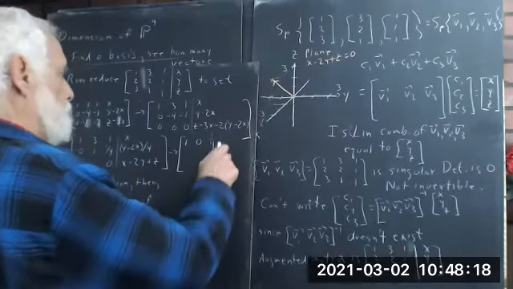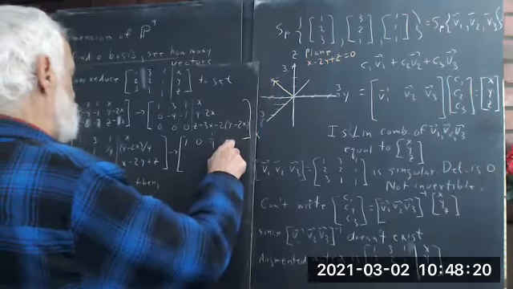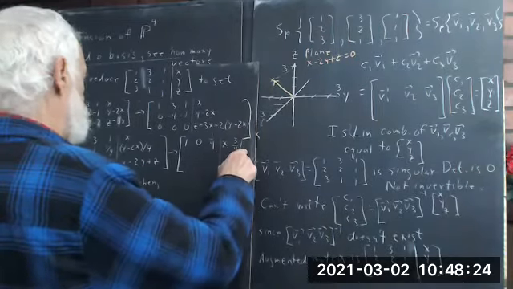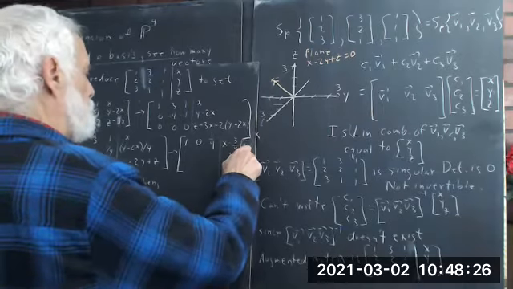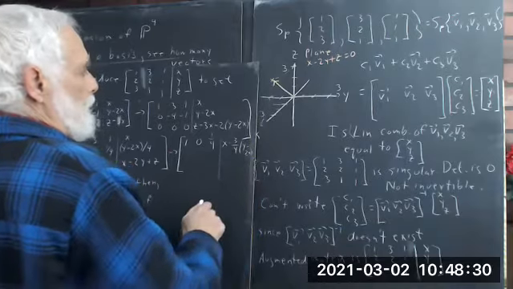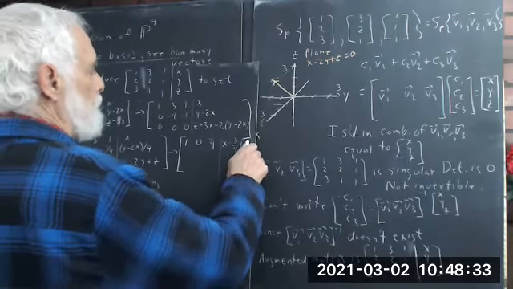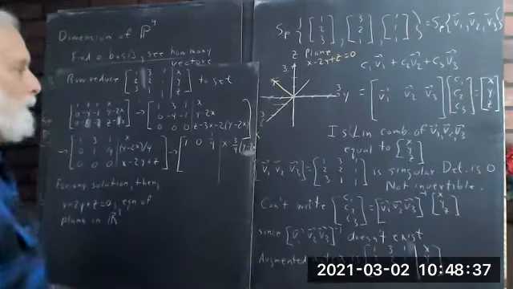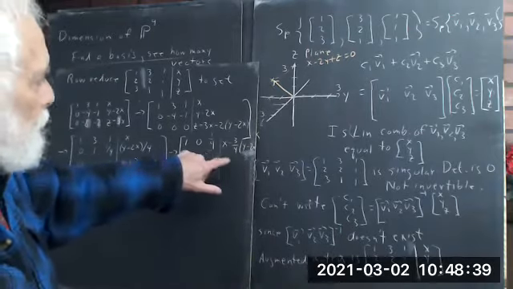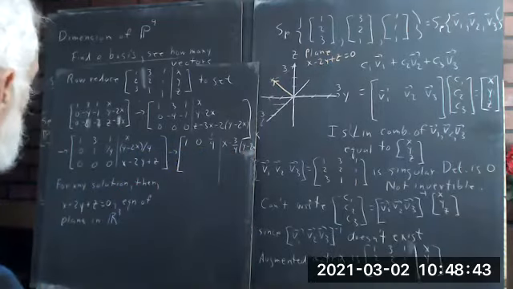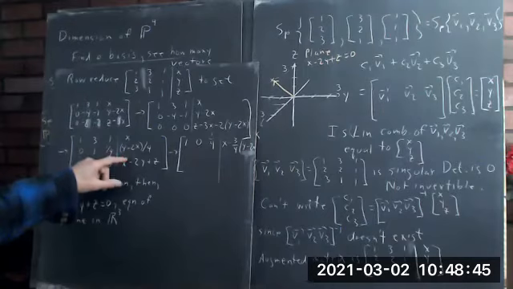I'm going to run out of room. You might want to write it out yourself. This x minus 3/4 is a quantity y minus 2x. In other words, this minus 3 times this.